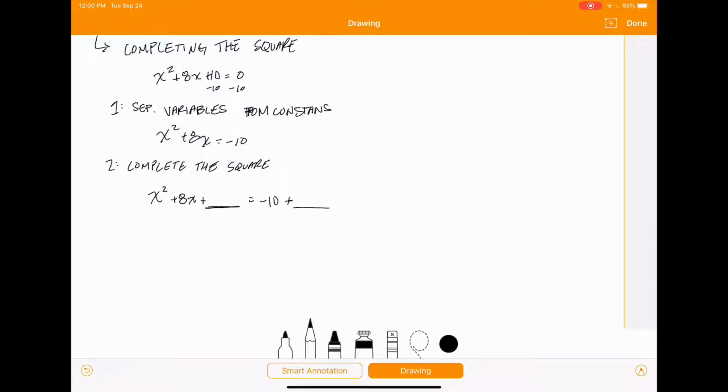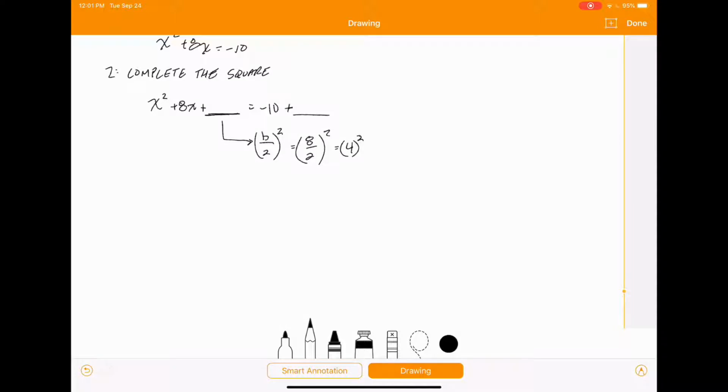Now, what goes into this blank here is going to be b over 2 squared. In this case, we've got 8 as our b in this equation, so we're going to have 8 over 2 squared. That's going to be 4 squared, and we're going to keep it in this form to make our factoring a little bit easier.